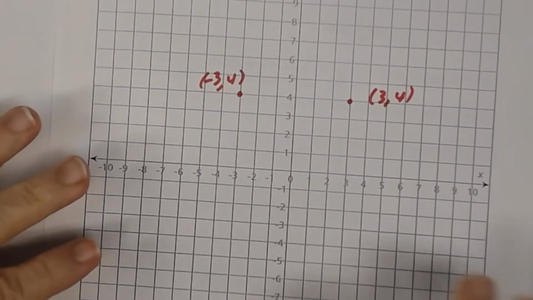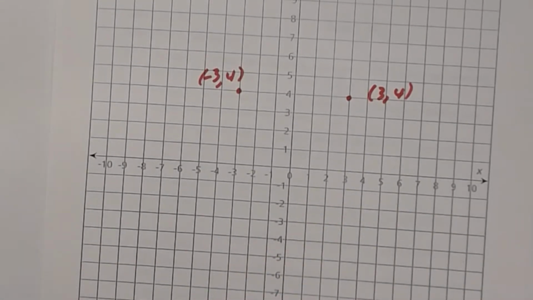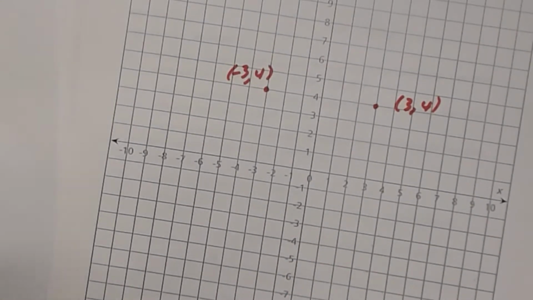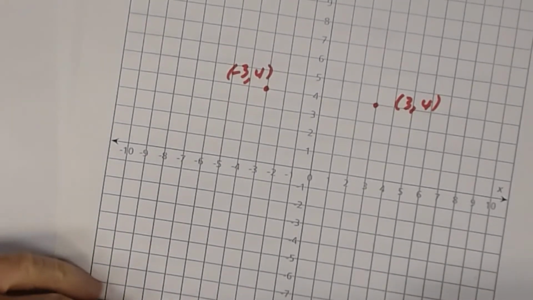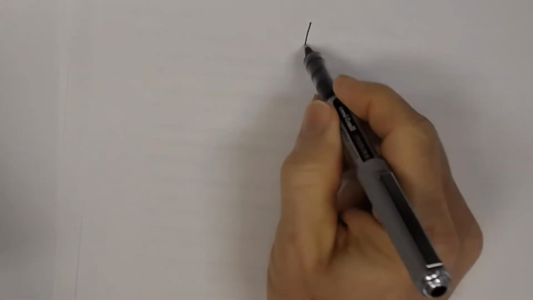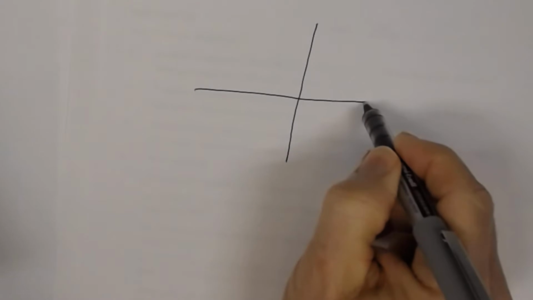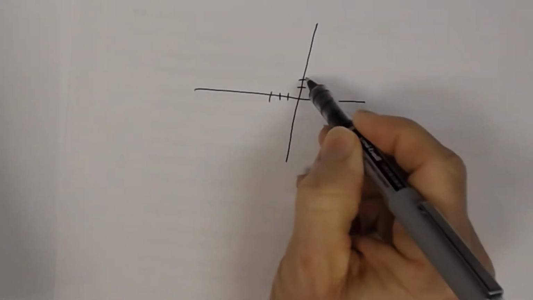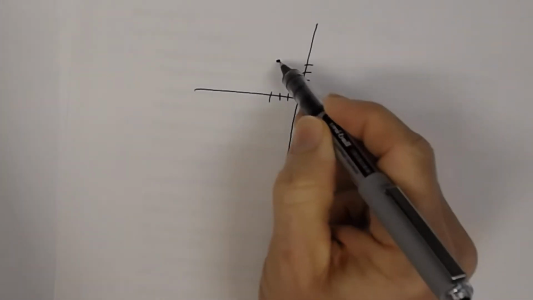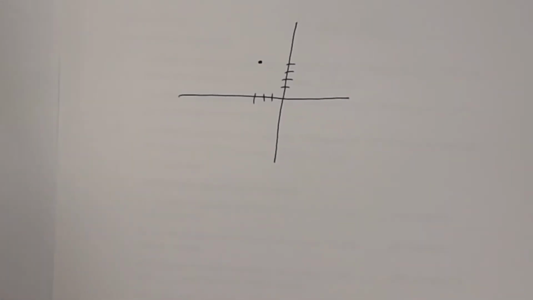Now, just to remind you, if you don't have access to grid paper like this, you can just draw a coordinate plane yourself. So remember, you're told that the point (-3, 4) is on the graph.